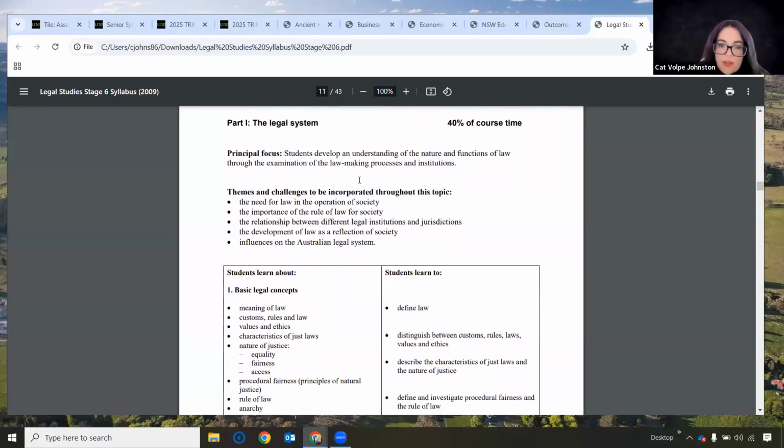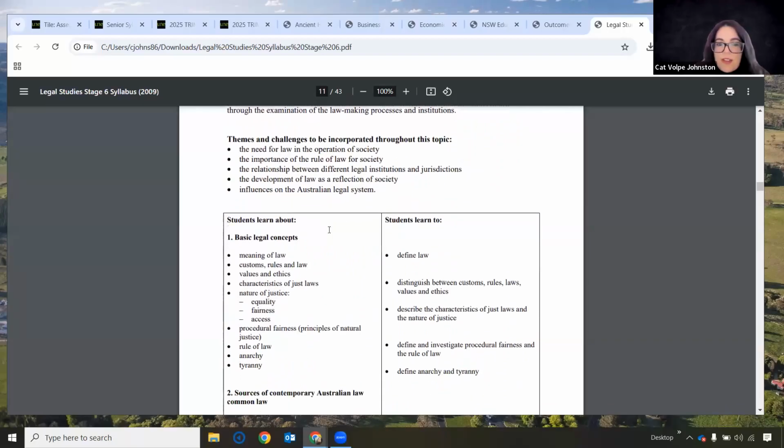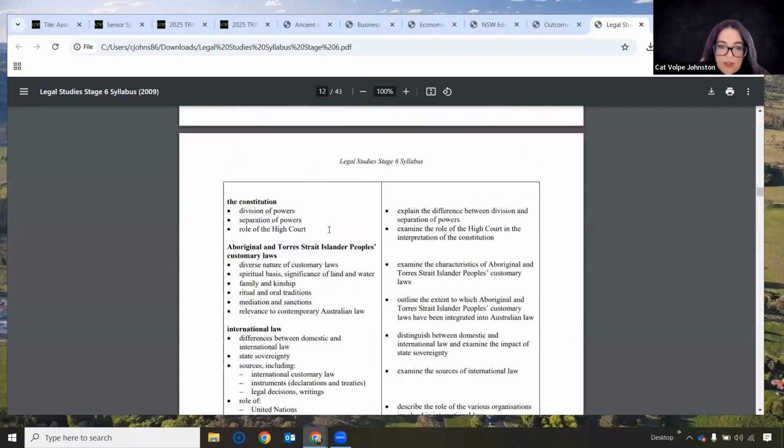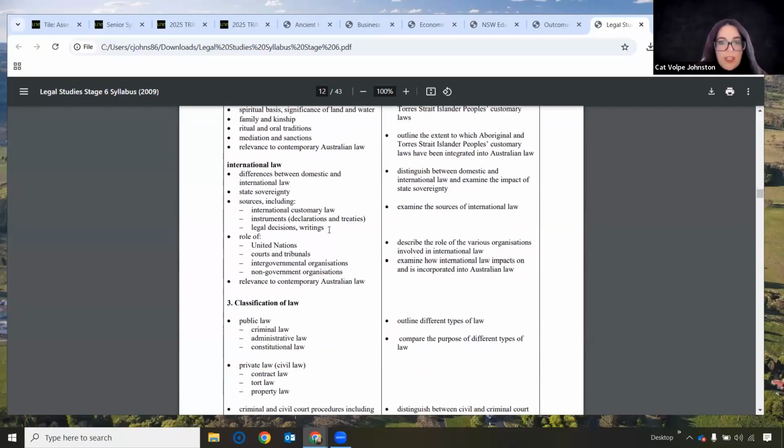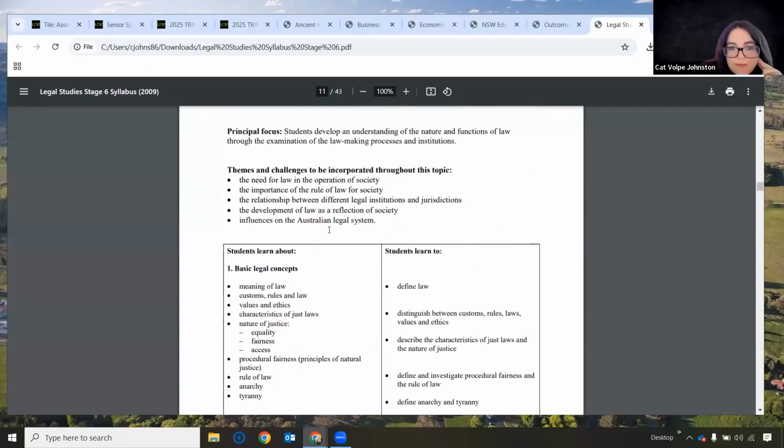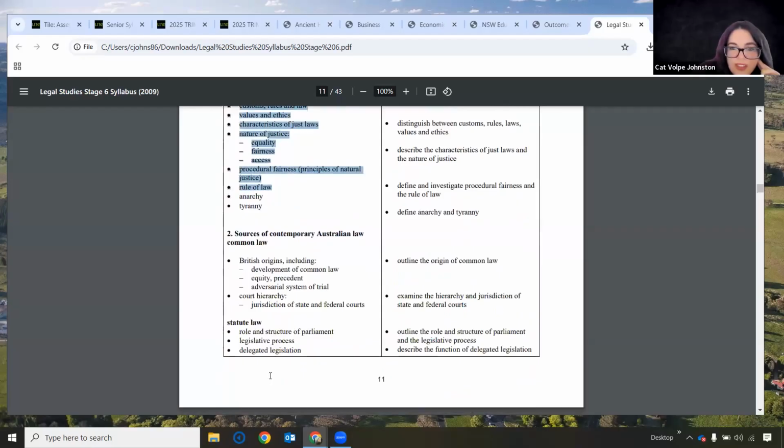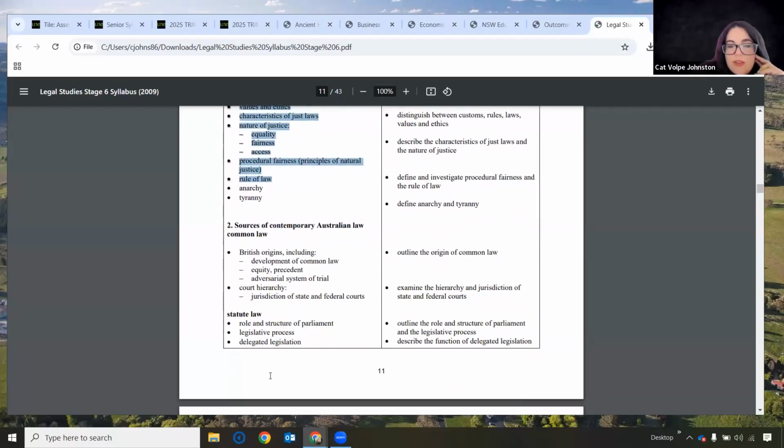These are the themes of what students are looking at, and these are the content areas. So for example, if you wanted to choose this first unit of work, you probably wouldn't look at basic legal concepts. That's sort of like a foundational type study. I wouldn't be doing that.